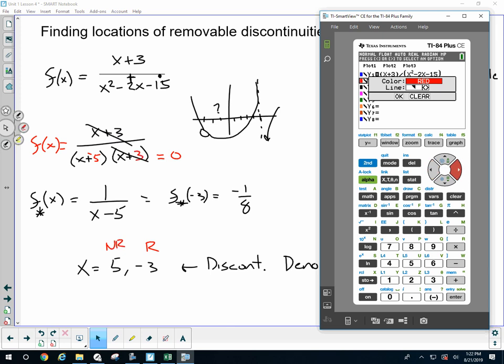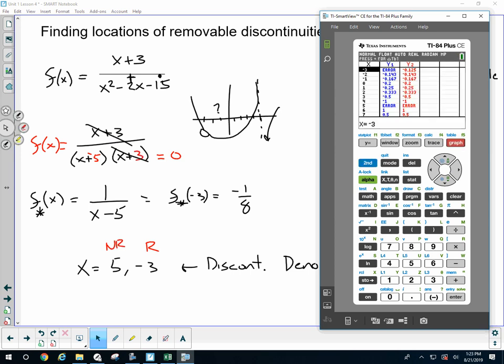Maybe red dot will show up. Let's try. It ends up going exactly over my original function. Looks like it's the exact same thing. However, it's got one difference, and you can see it in the table. At -3, where my original function says, nope, we have a discontinuity, we have a hole, our new function fills in the hole so we can find the location of that hole.